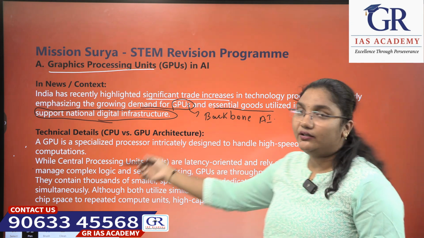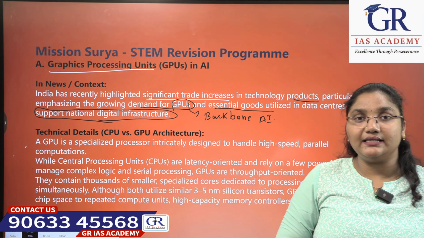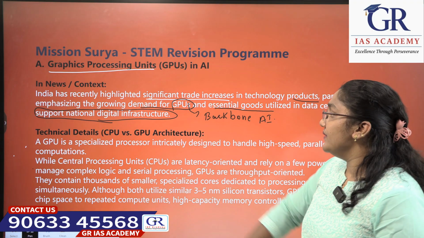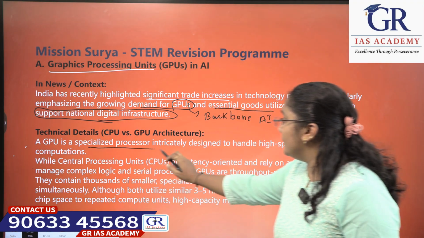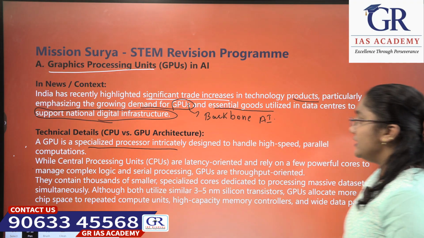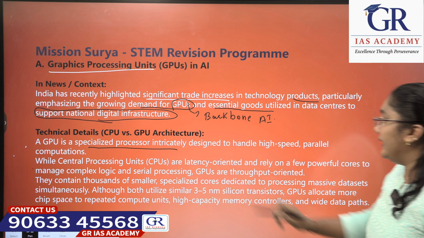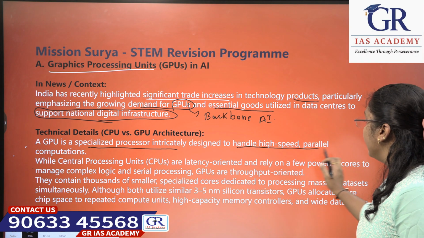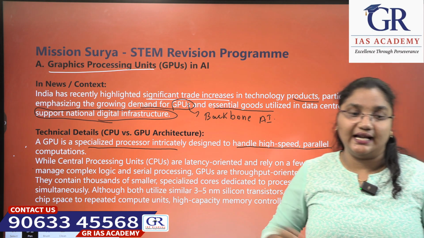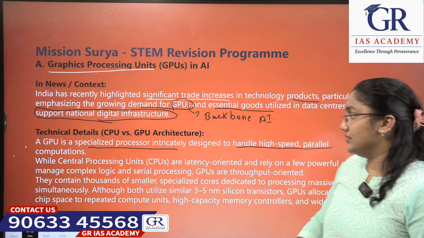Now let's look into the technical details comparing CPUs and GPUs. A GPU is a specialized processor, intricately designed to handle high speed parallel computations.